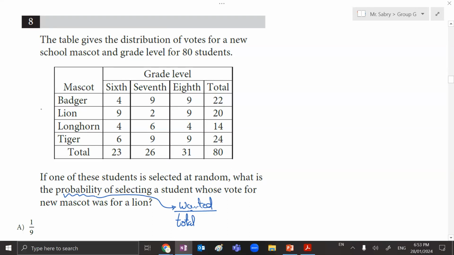So how many students went for the lion? Apparently there are a total of 20 students who went for the mascot of a lion out of the total. And the total, they already stated it right here at the beginning of the question, that there are 80 students. So it's just 20 over 80, which is simplified on a calculator to 1 over 4.